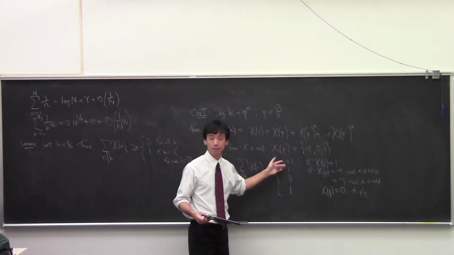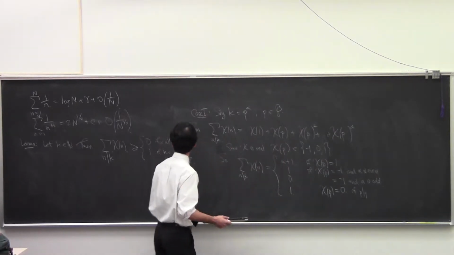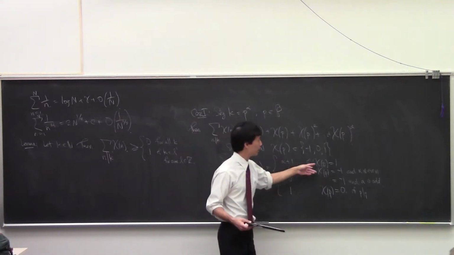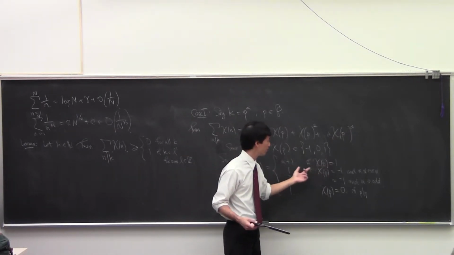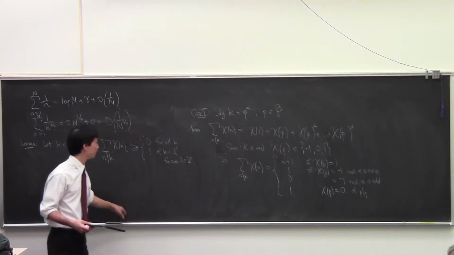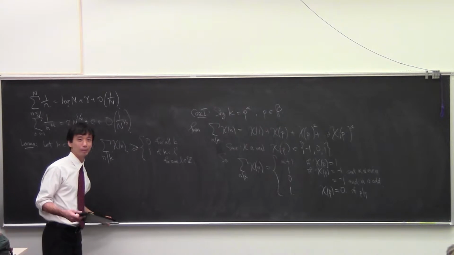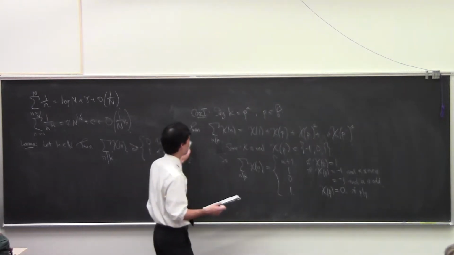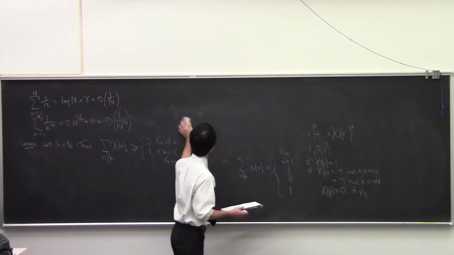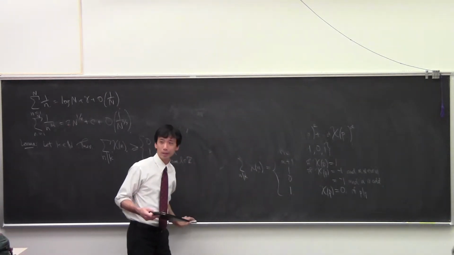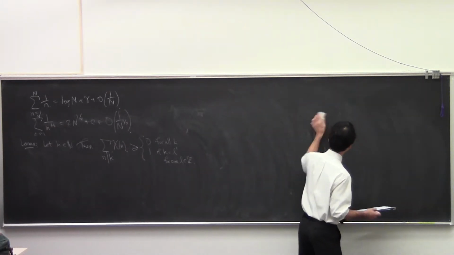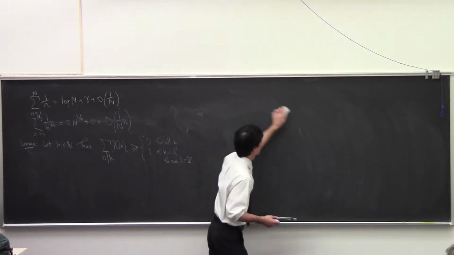Everyone see that? If k is something squared, there are two possibilities, it could be this, or it could be this. But in either case, you get what we want. Okay. Any questions? Okay.